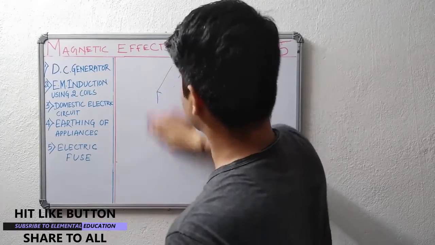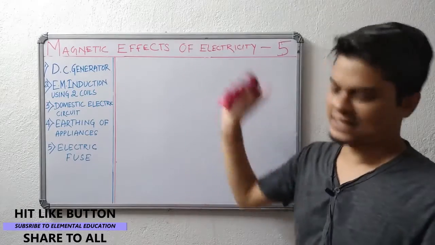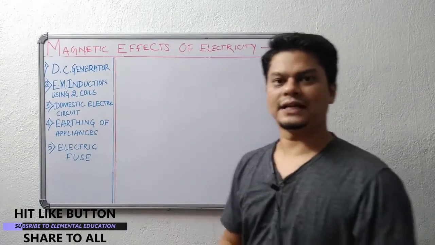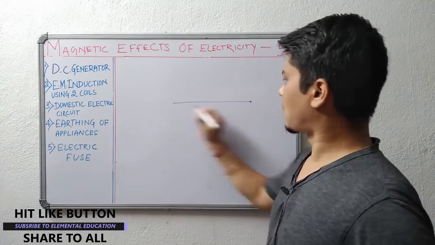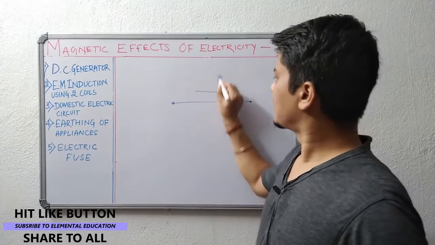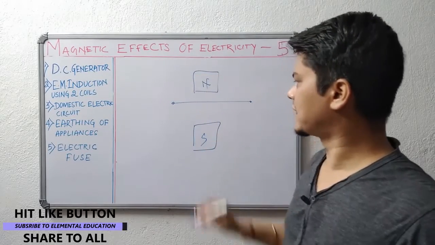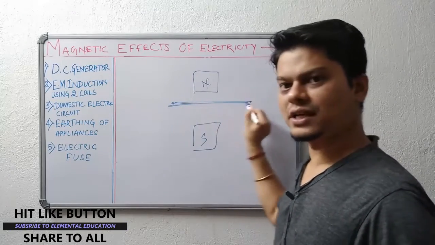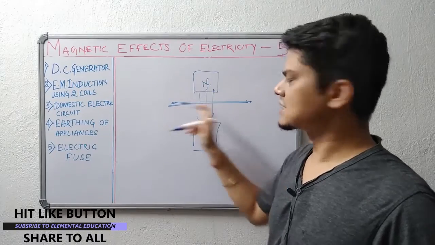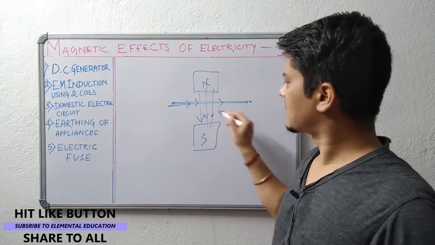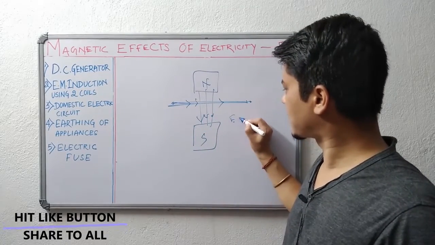If you have watched my previous videos, chapter 4 and chapter 3 of magnetic effects, you might know that electromagnetic induction is when a wire is kept in the magnetic field of a permanent magnet, a temporary magnet or an electromagnet, and if it is in motion, this change in the magnetic field induces a current in it. The motion of the coil or the wire induces a current in it. This is known as electromagnetic induction.